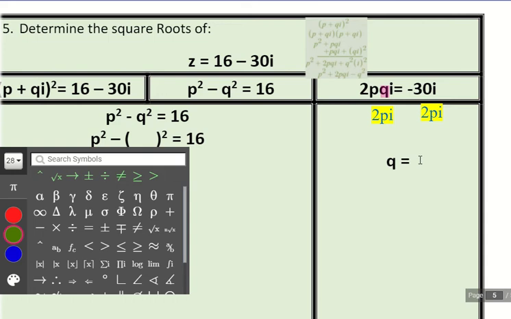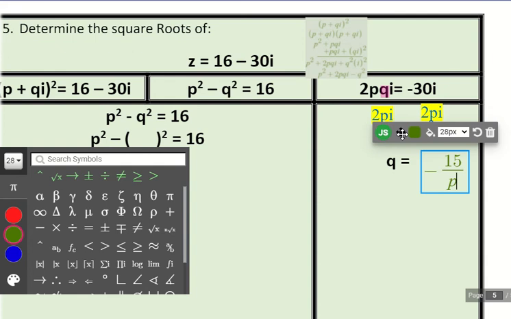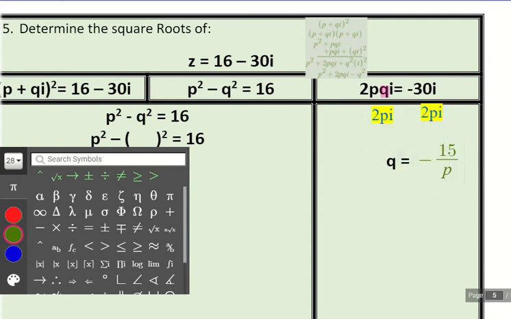On the opposite side, I have negative 30 divided by 2, which is negative 15. The i's cancel, but I still have a p in the denominator. So q equals negative 15 divided by p.